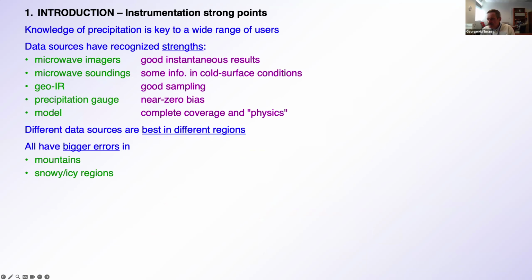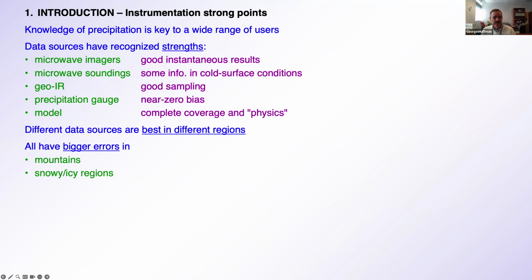So different kinds of instrumentation can be used to do precipitation estimation and sensing. The microwave imagers, which are the lower frequencies, are good at instantaneous results. The microwave soundings, there's some information in cold surface conditions, which is a particular problem for imagers.